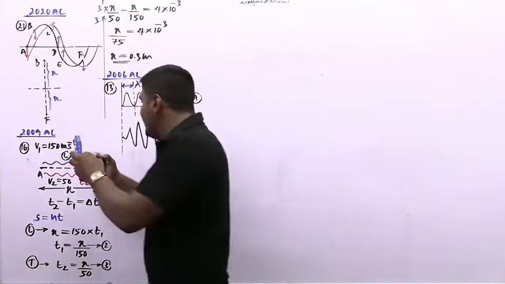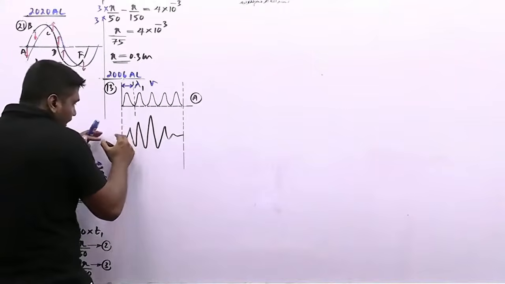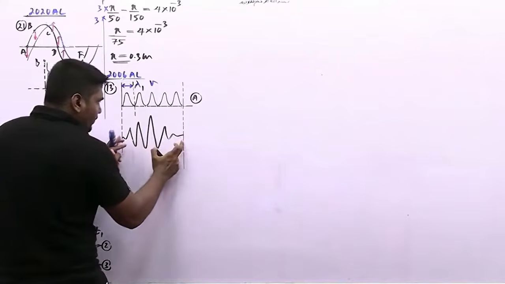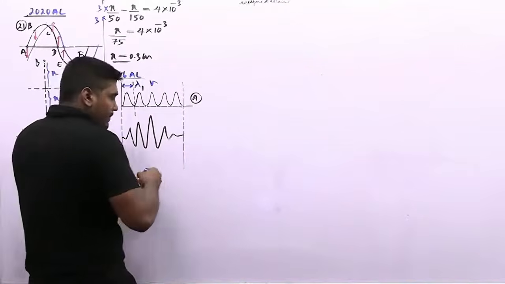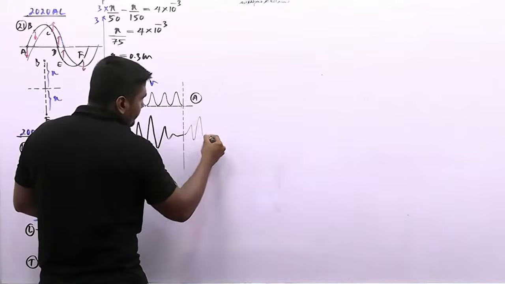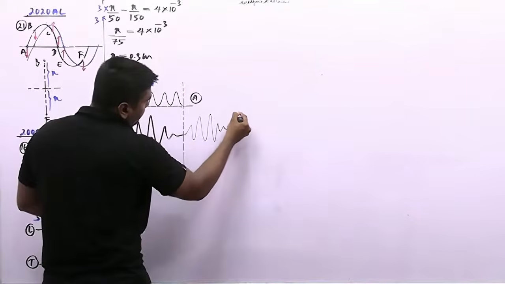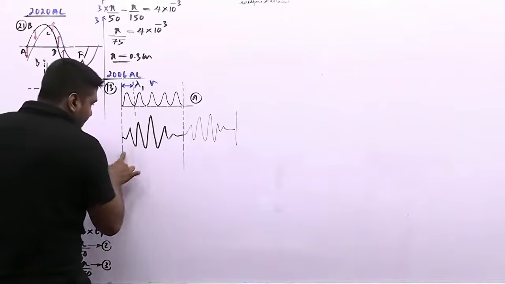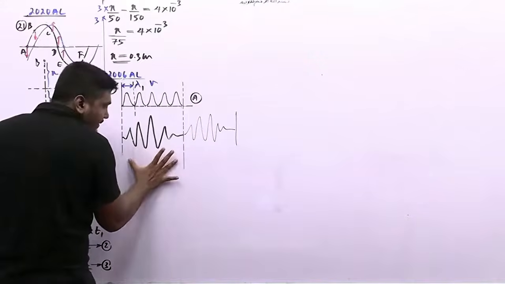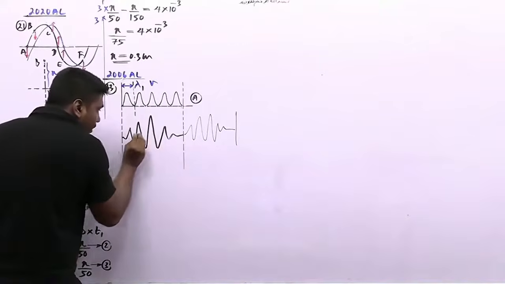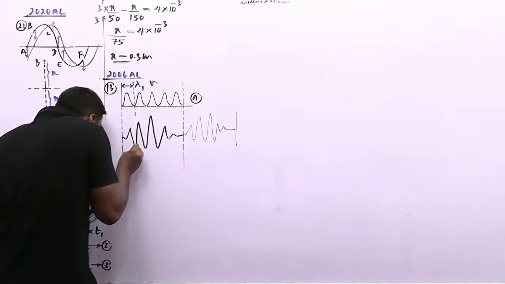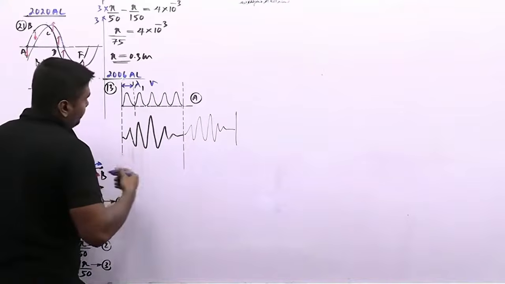In the resultant wave diagram, this shape repeats again and again. So we can consider this gap as the wavelength of the resultant sound wave.